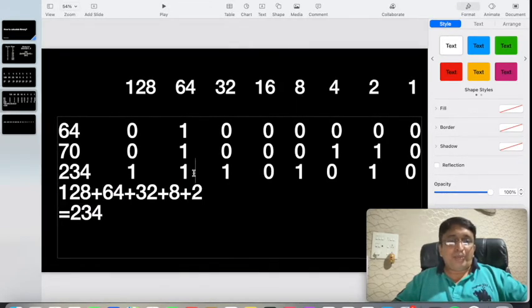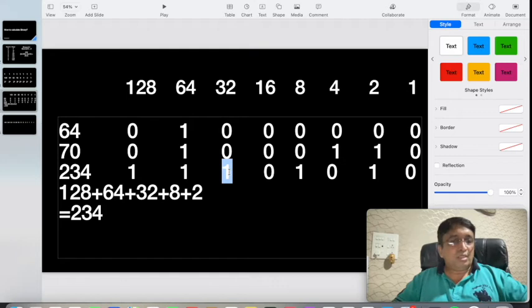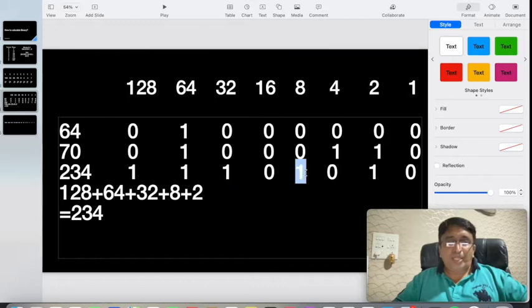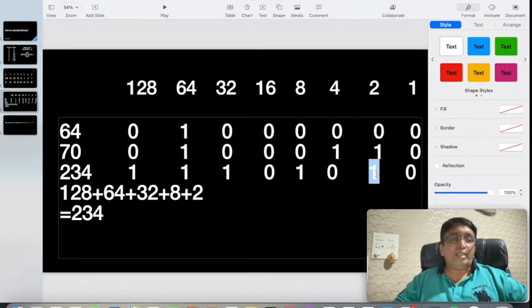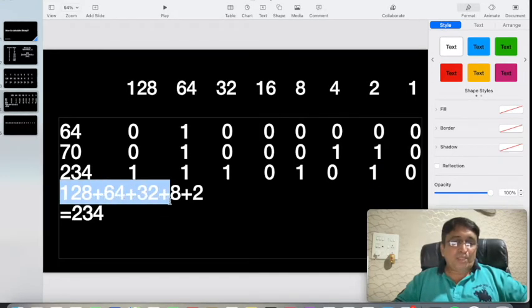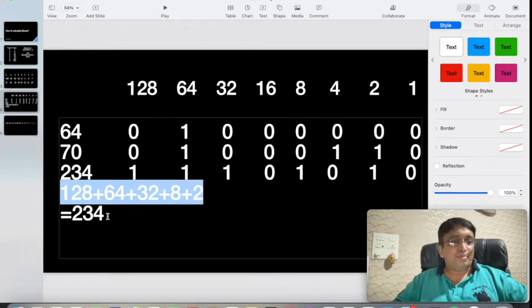Okay, I'm giving it to you directly here. 192 plus 32 is 224. 224 plus 8 is 232, plus 2 is 234. So together 128 plus 64 plus 32 plus 8 plus 2 gives you 234.